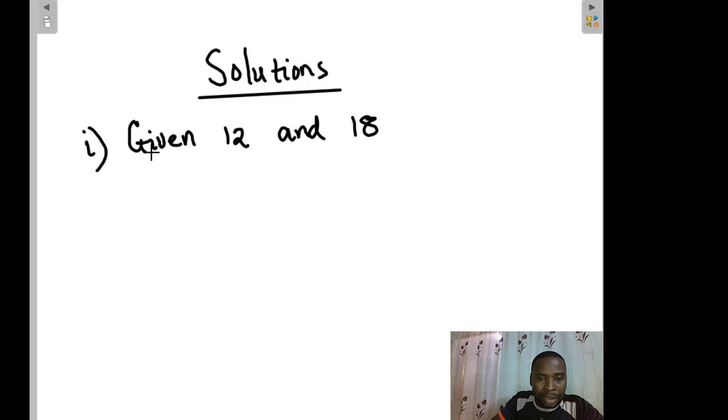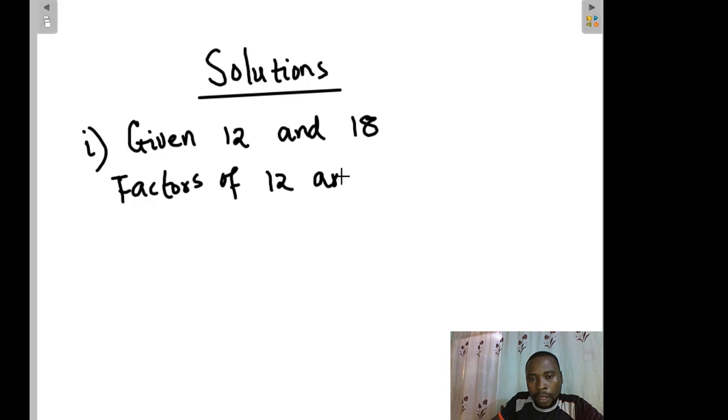So let's start with 12. Factors of 12 are, can you remember the factors of 12? We said they are 1, 2 is one of them. Yes, 3 is a factor of 12 because 4 threes make 12.